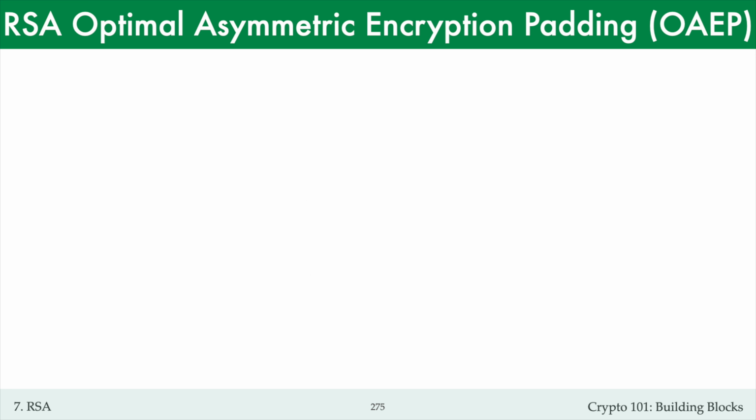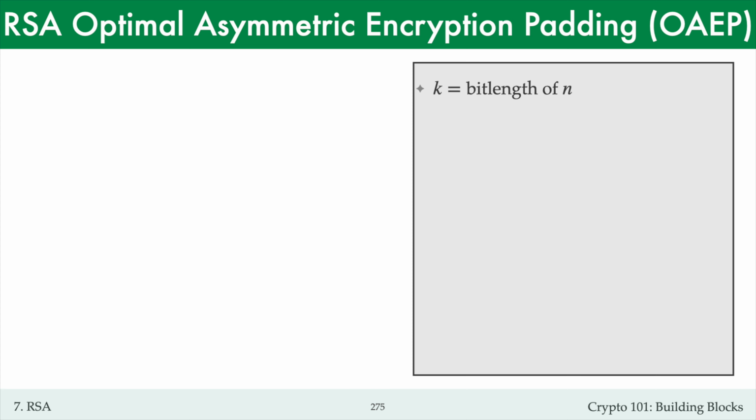Here is one variant of the basic RSA encryption scheme that meets our strong notion of security. This is the RSA Optimal Asymmetric Encryption Padding scheme, or RSA-OAEP. I'll need some notation. Let k be the bit length of n. For example, k might be 3072.